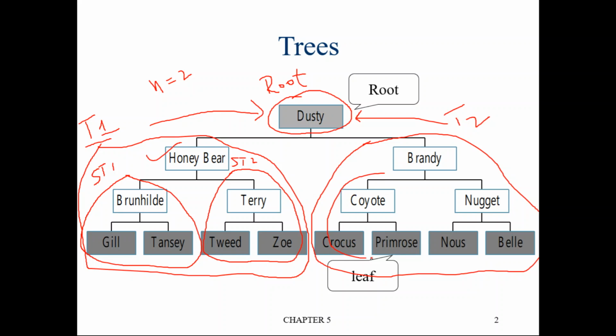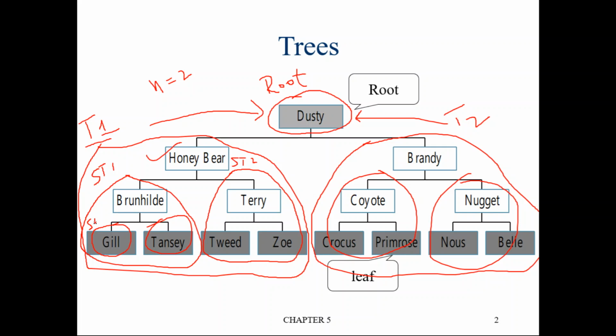Similarly, this can also be divided into two subtrees, one subtree and another subtree, and so on and so forth until you reach the child node. Similarly, for Brunhilde, this is one subtree, even though there is only one node, and this is another subtree.